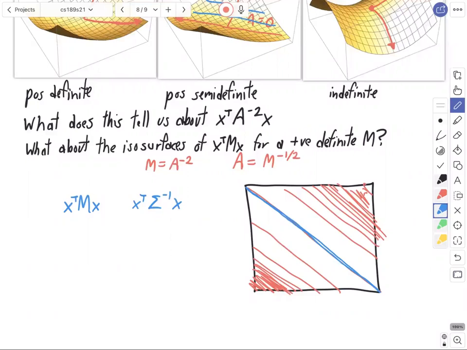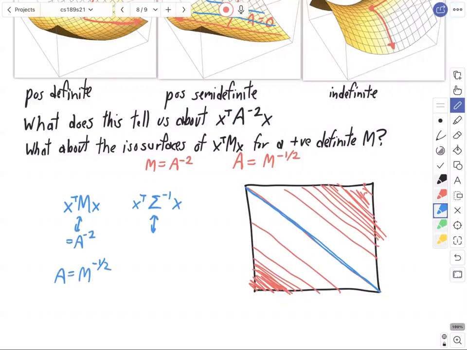But the matrix that actually is the simplest one for understanding the eigenvectors and eigenvalues and what your isocontours are going to look like is this matrix A, where you have an A to the minus 2 between the x's. If you have that, then A tells you the geometric intuition that we're looking for. And so what you do is you set M equal to A to the minus 2. And the solution to that is A equals M to the minus 1/2.